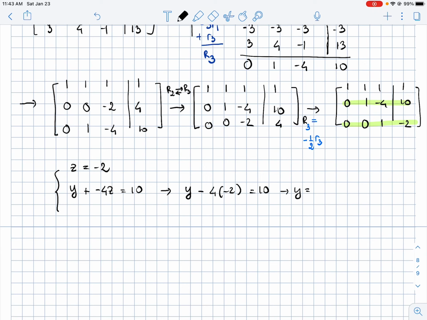So y plus 8 equals 10, so y equals 2. And then the last one we put in for x: x plus y plus z equals 1 for the first equation. Now we put in y as 2 and z as negative 2, equal to 1. That means x equals 1. Then the solution for this problem is 1, 2, and negative 2.